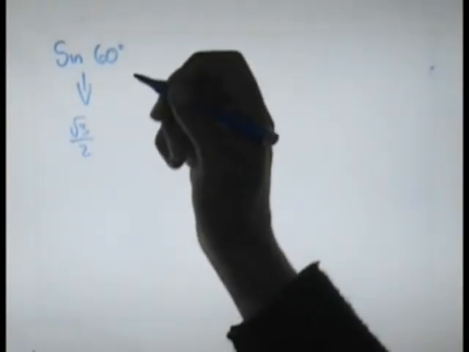The next example, and one of the last examples we're going to look at, is sine of 2 theta. I'm going to work with sine of 60 degrees. Now we know from the outset that sine of 60 degrees is the same as root 3 over 2.